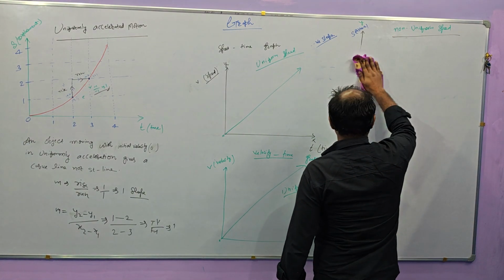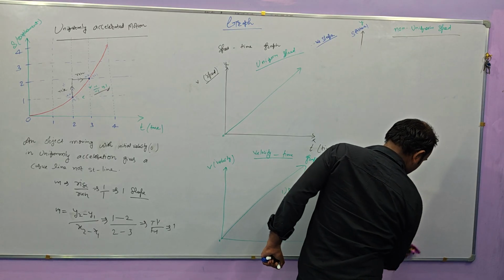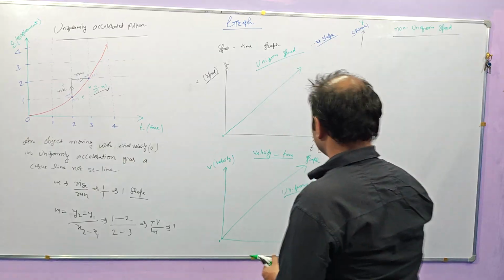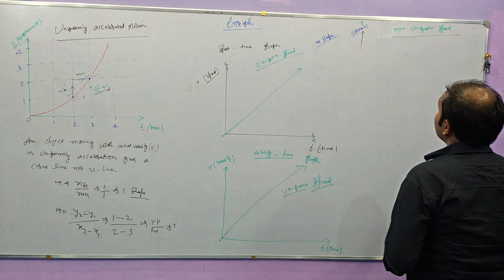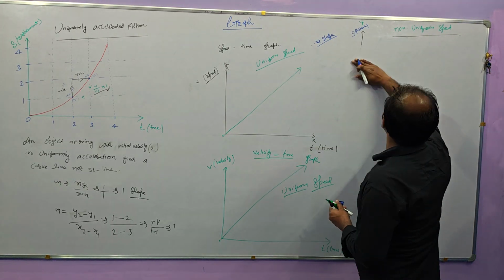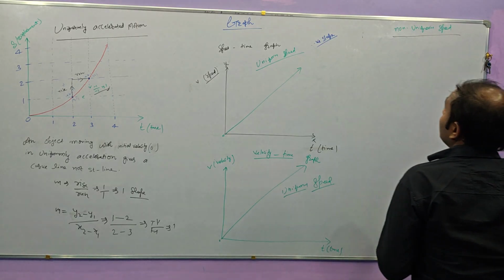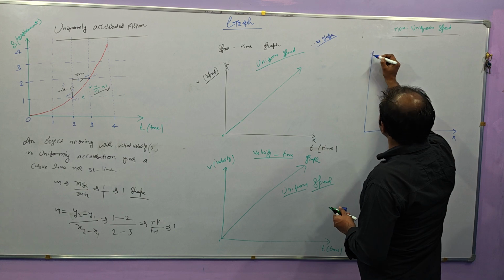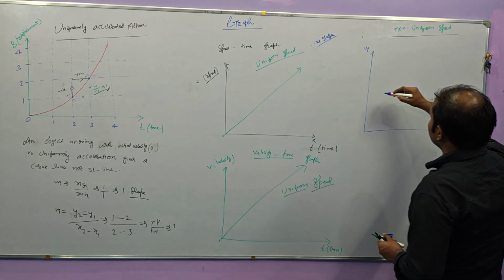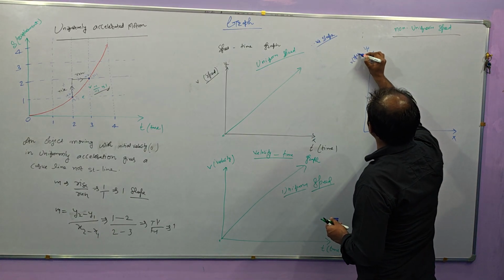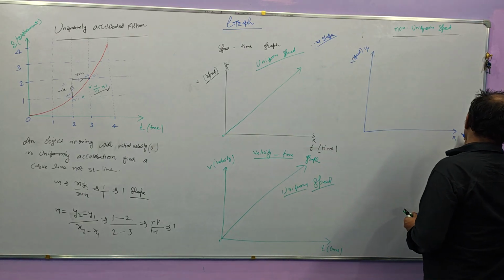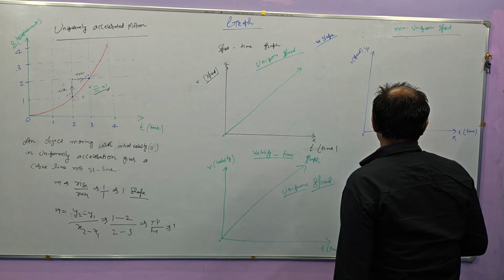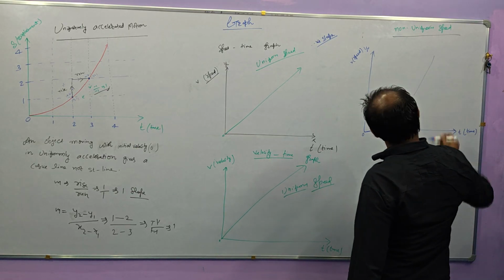When we talk about non-uniform speed, this is our x-axis, this is our y-axis, v is speed and t is time, and this coordinate is 0. So we get a curve line.